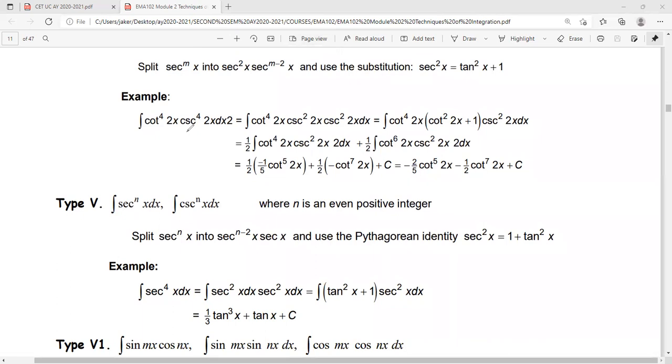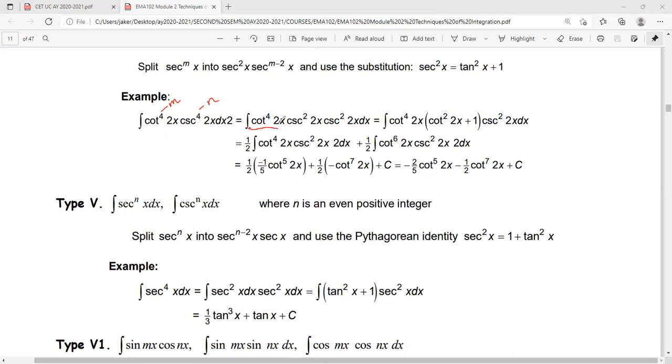This is your n. This is your m. So according to the instruction here, not the m, but rather the n, you subtract 2 from the n, in this case here. Okay, so now your cotangent, nothing happened to it.